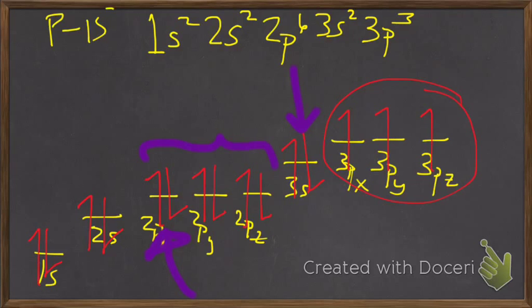And if you add up all of the superscripts, they should add up to the total number that you have. So we have 2 plus 2 plus 6 plus 2 plus 3, which would be 15. And that's the number of electrons that phosphorus has.